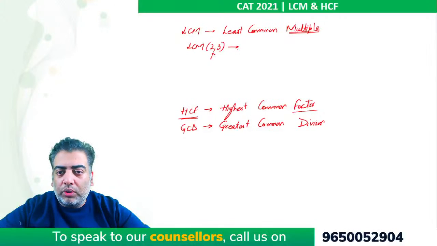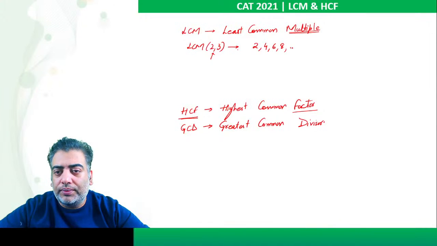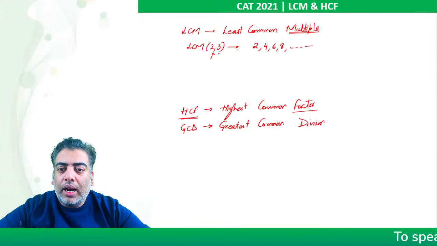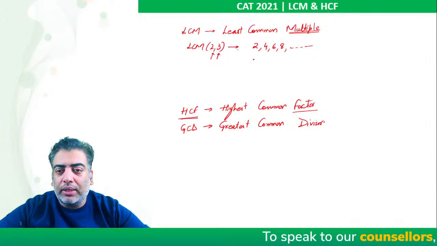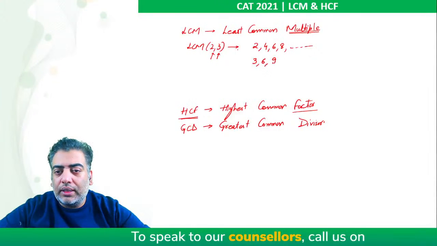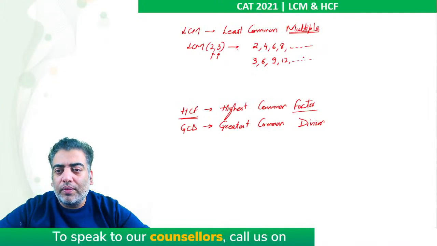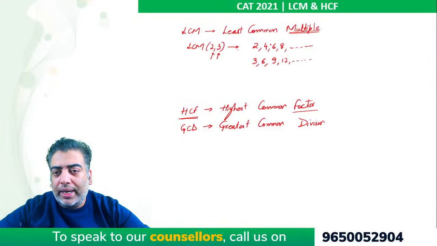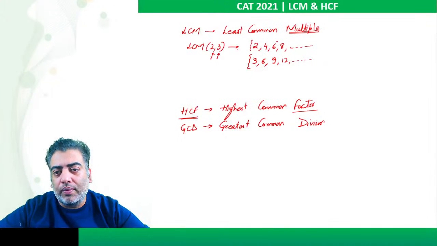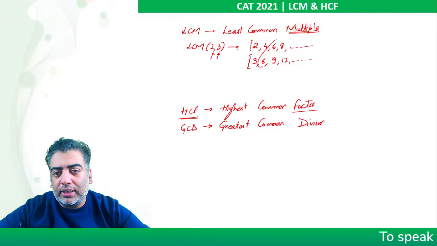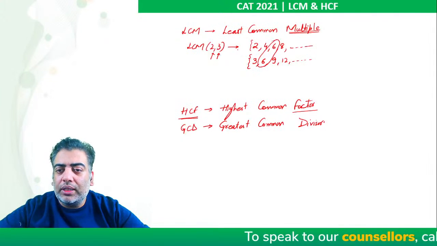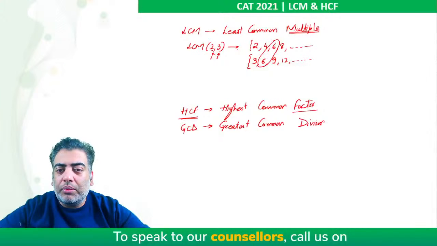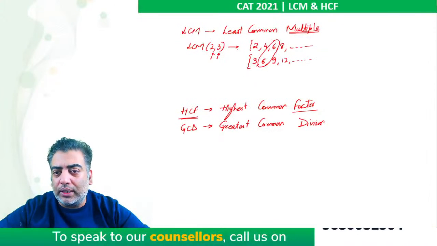If I write down all the multiples of 2, which are 2, 4, 6, 8, and so on, and likewise all the multiples of 3, which are 3, 6, 9, 12, and so on, the smallest number that appears in both the series will be the LCM of 2 and 3. So we can clearly see 6 is the number which appears in both the series. So LCM of 2 and 3 comes out to be 6.